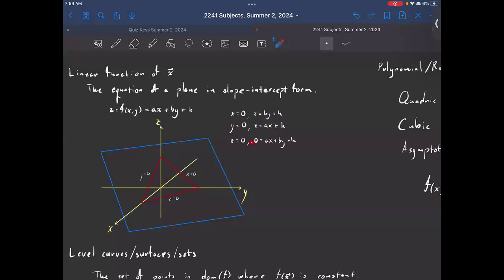And then if z equals 0, we get ax plus by plus k equals 0. And so that's this line right here. And those 3 things make a triangle. Triangles contain vectors that are coplanar, and so we can make a plane with all of those things. So that's why a linear function of some variables is the equation of a plane.